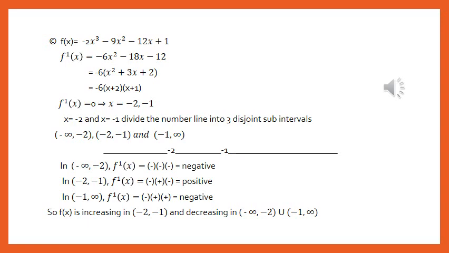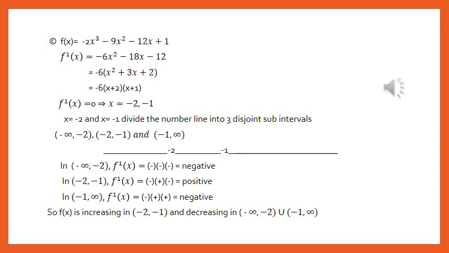Let's take negative 6 out. Negative 6 multiplied by x square plus 3x plus 2, that is equal to negative 6 multiplied by x plus 2 into x plus 1. Now f dash x equal to 0 implies x equal to negative 2 and x equal to negative 1.